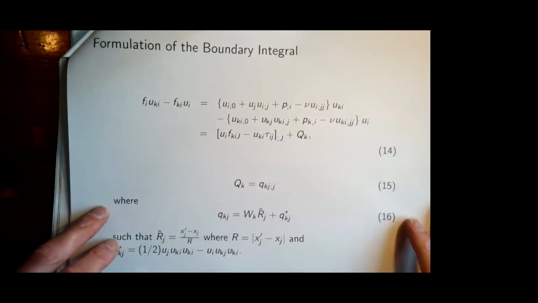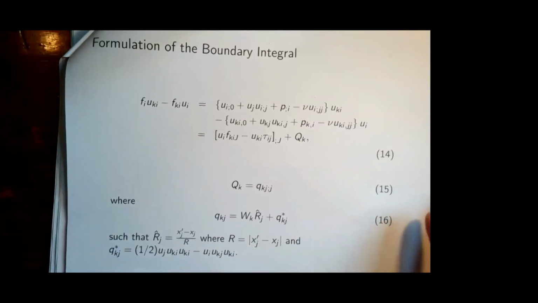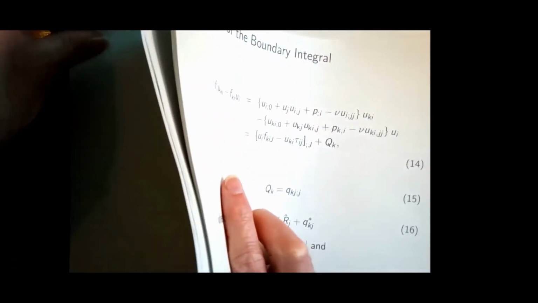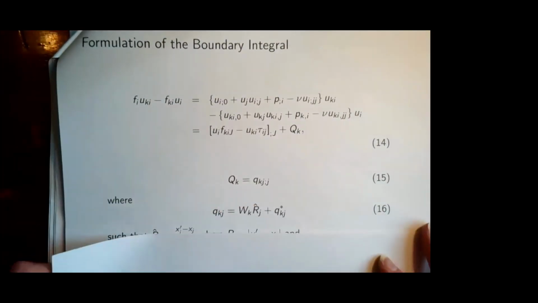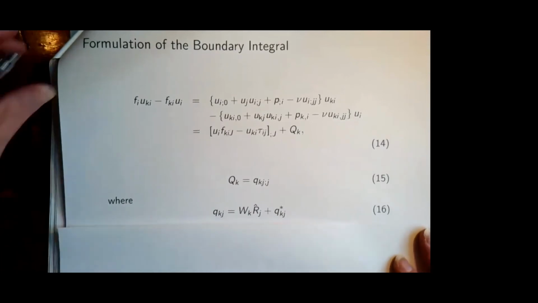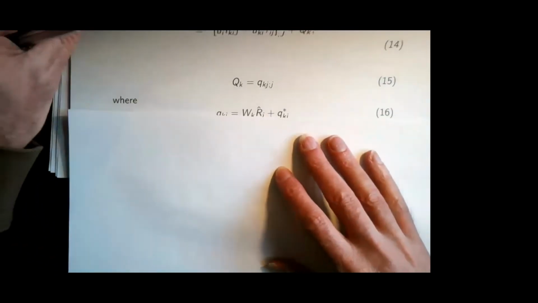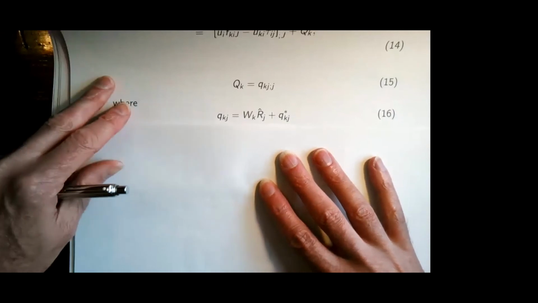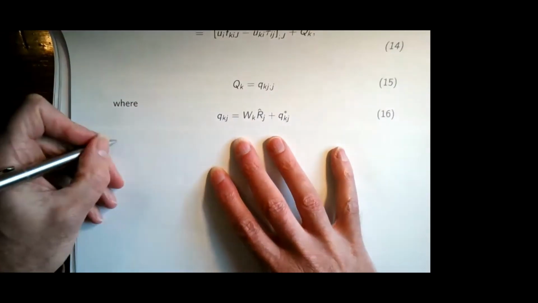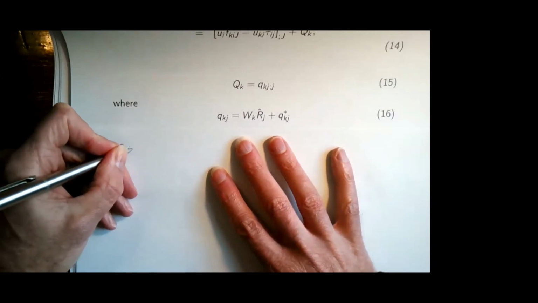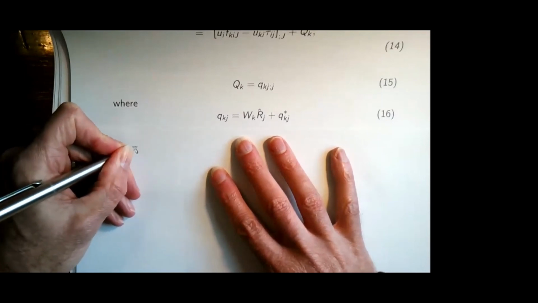So we've got essentially something like AJ semicolon J here.